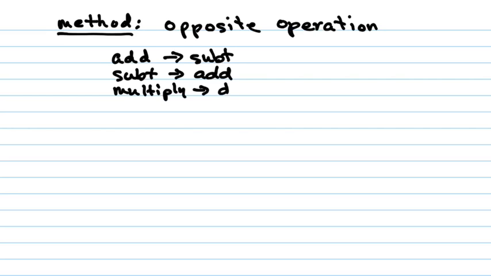Multiply would be what? Divide. And division would be? Multiplication. Exactly. So if you can tell how two things are put together, then you automatically know how to take them apart by doing the opposite. It's just that simple, if you'll let it be.